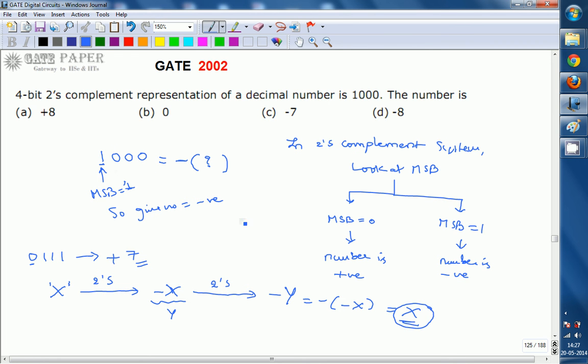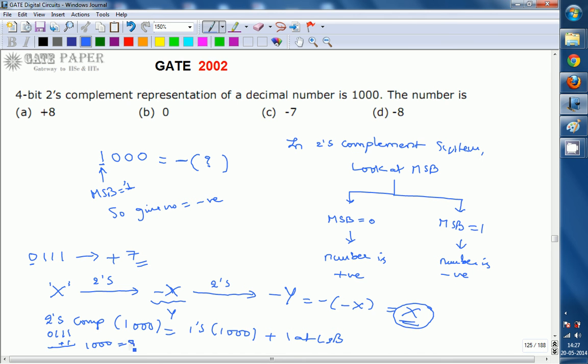Now the given number is 1000. The 2's complement of 1000 is the 1's complement of 1000 plus 1 added at the LSB. The 1's complement of 1000 is 0 1 1 1, and adding 1 at the LSB gives 1000 again.